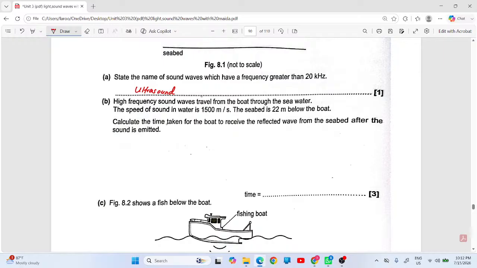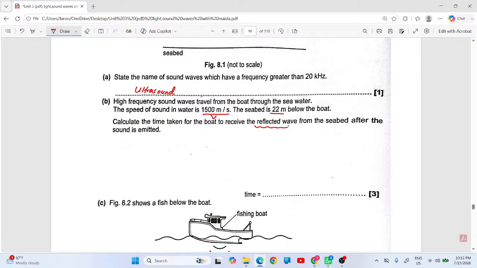Next, high frequency sound waves travel from the boat through the sea water. The speed of the sound in the water is 1500. The seabed is 22 meters below the boat, and this is the depth of the sea.